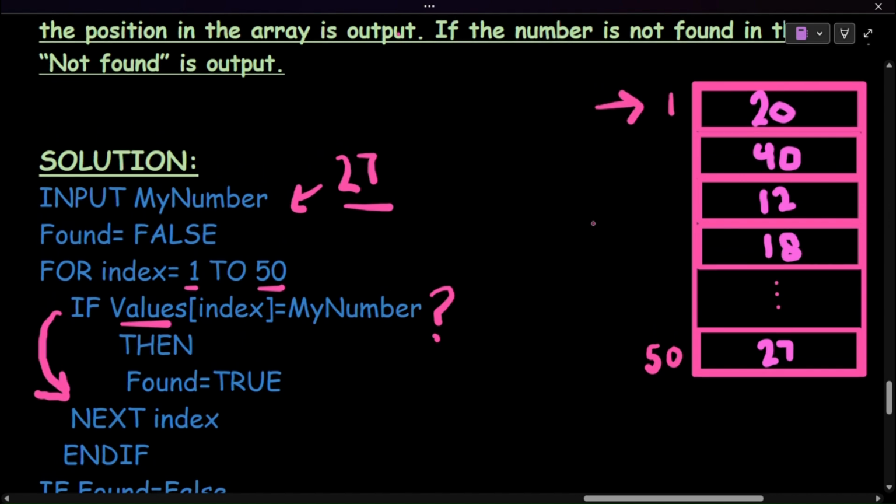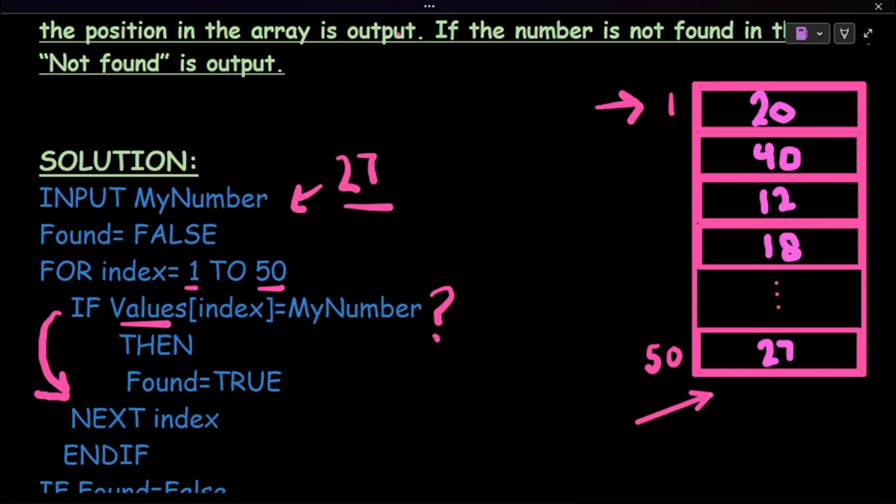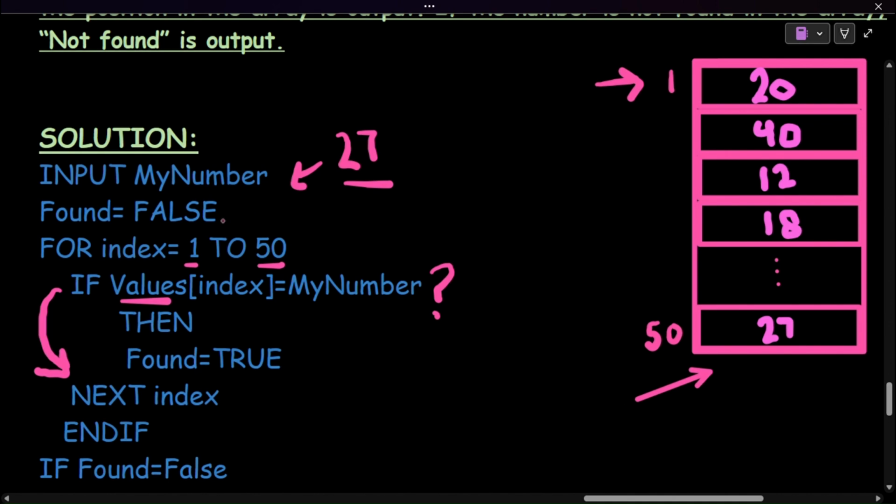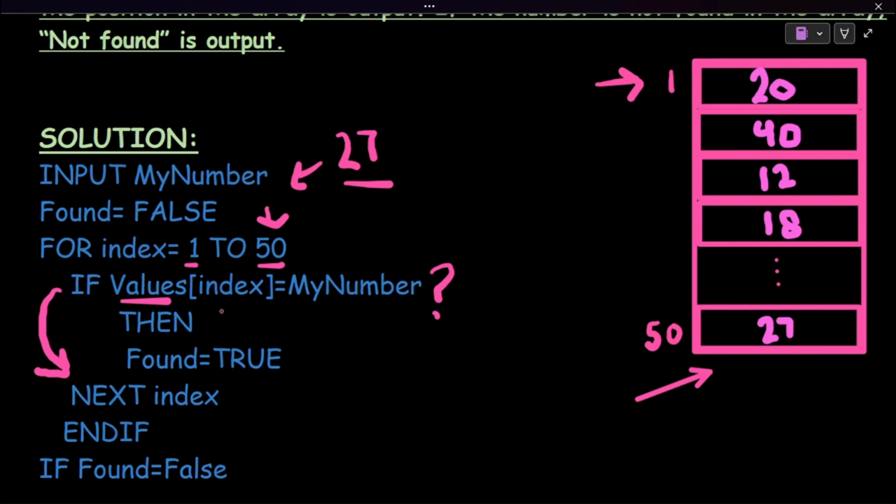Now here you can see that the value 27 is in the 50th position of my array. Now this loop is going to run till it reaches the index 50. If values index 50 is equal to my number, it's going to check that in the 50th position 27 is stored, and in my number 27 is also stored.